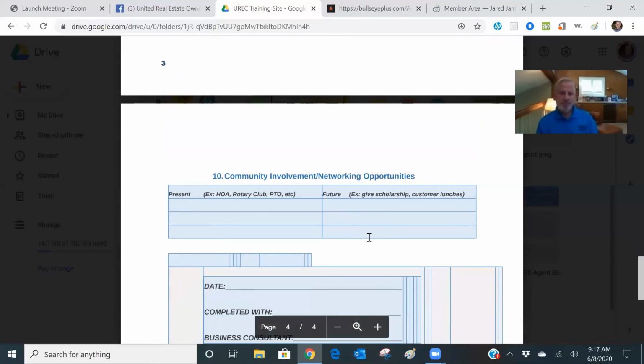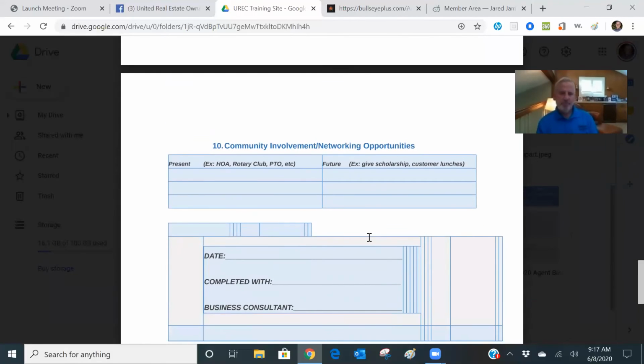And then what are you going to do to stay involved in the community? This is very important, networking. Given the current state of affairs, you're going to probably want to try to get into some Facebook groups that are online, a lot of Zoom meetings, see what you're interested in and get involved in that. I had success with soccer.